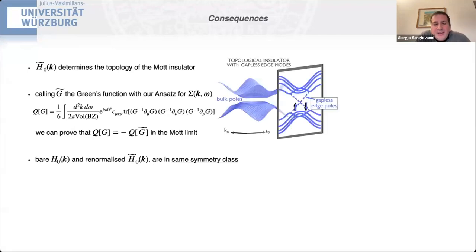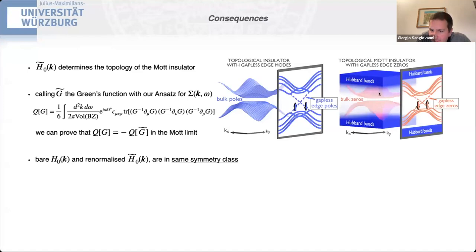In particular, if we have a non-interacting band structure that has a winding number and some gapless edge modes as shown here, we have to go into the Mott phase and calculate H0 tilde, and then we will have this red surface that you see here, and suppose that this renormalization does not make the red zero trivial, then we will have gapless edge modes also in this case that of course are gapless edge zeros.